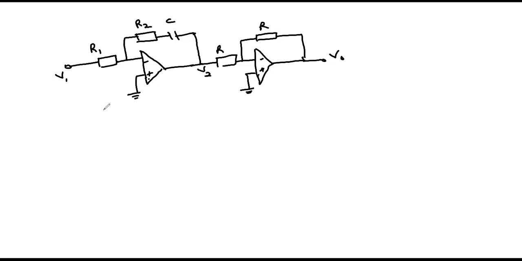So in the first stage, we have a resistor on the forward path and a series resistor capacitor in the feedback path.